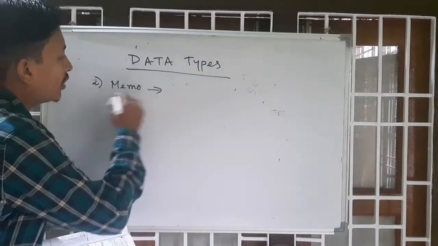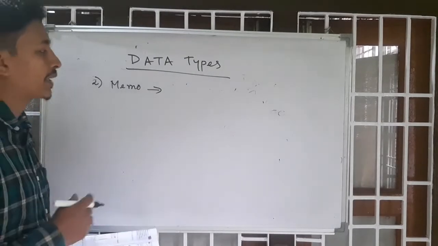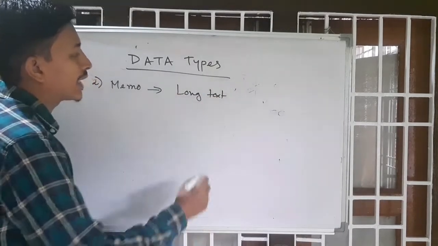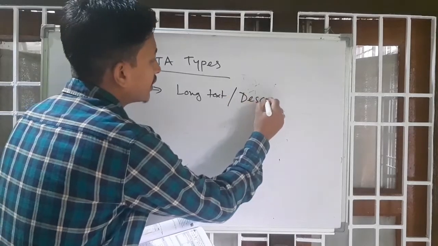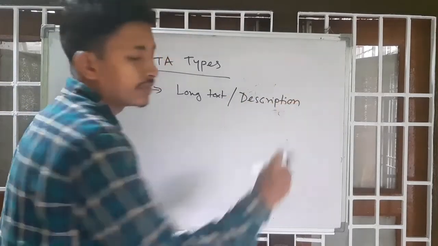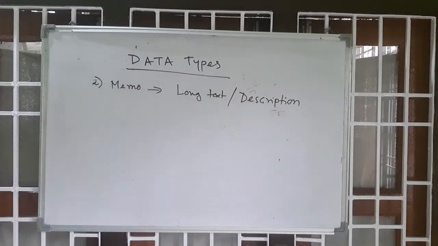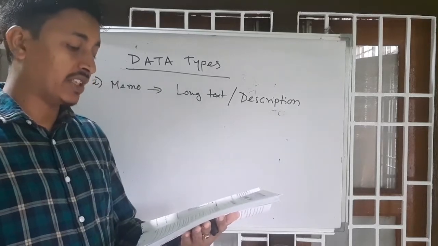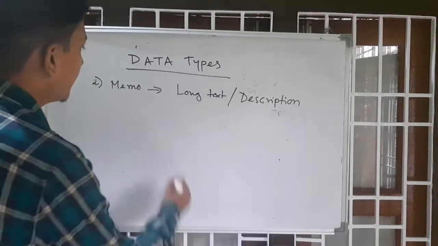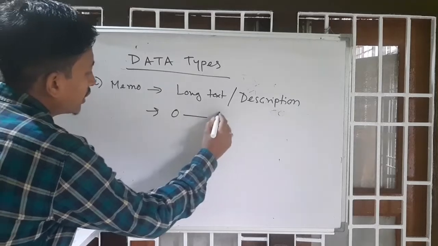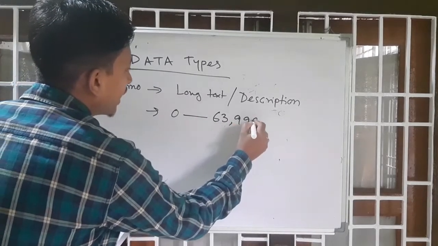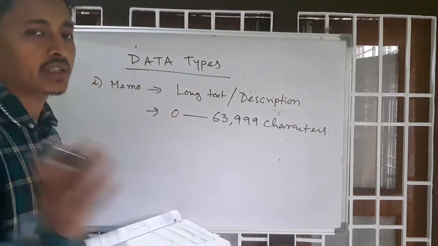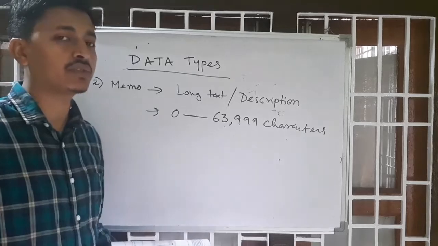You can use this memo data type for long text, not short text. It can store up to 63,999 characters, so the range is 0 to 63,999. It is a huge amount of text you can store.